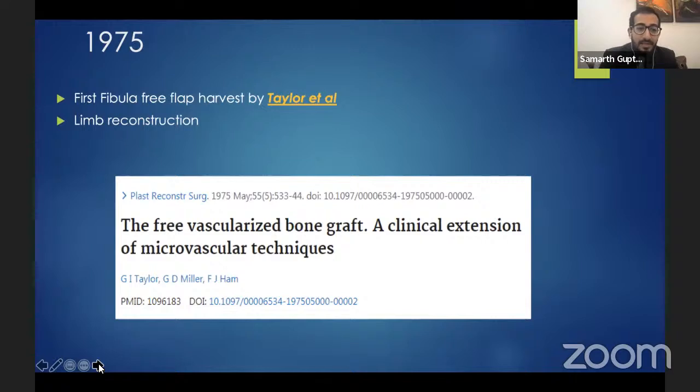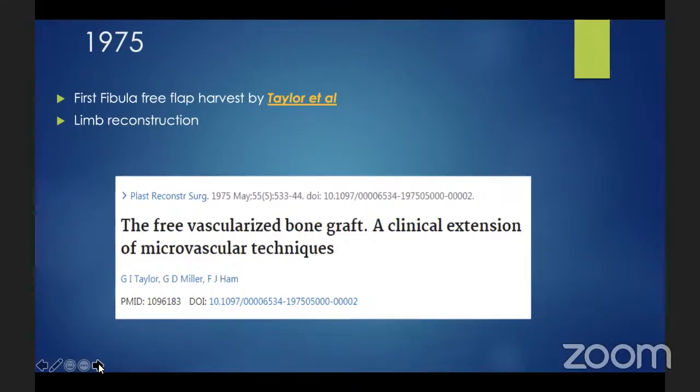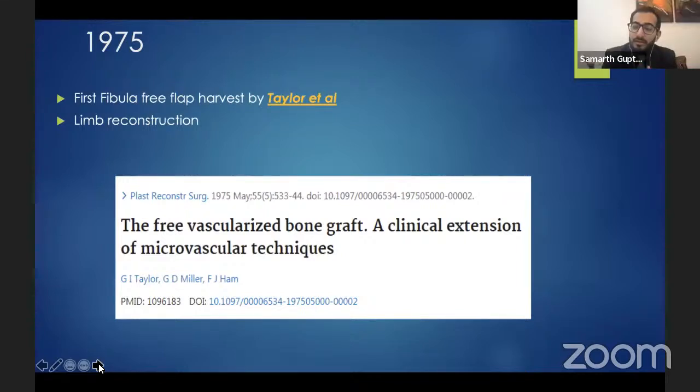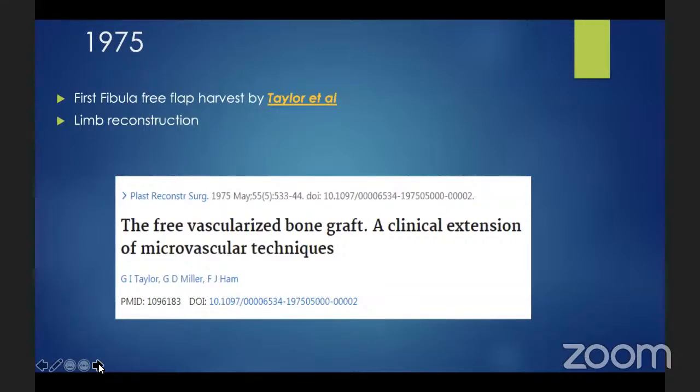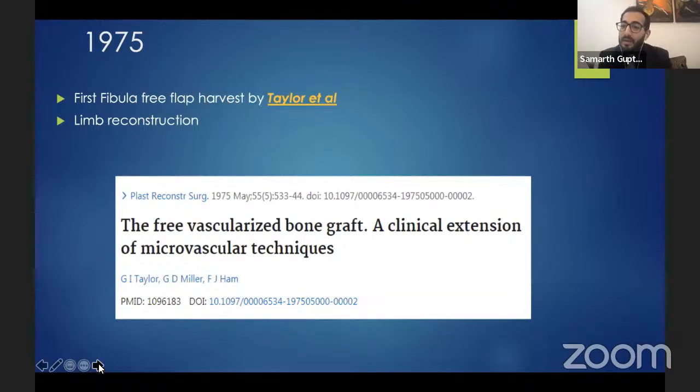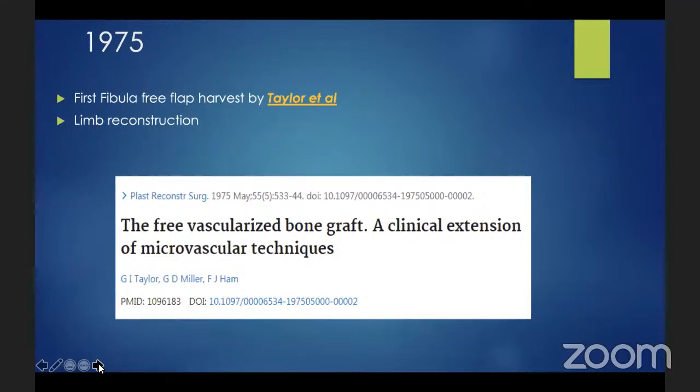So Taylor, in his first paper, and this is a beautiful paper, you must go to the Plastic and Reconstructive Surgery journal, published in 1975, described the use of the free fibula flap. Now, just for starters, what is a fibula, and what is a flap? A flap is nothing but a piece of tissue that is taken from one place to another along with its vascular supply. We remove tissue from one position and place it in another area where we need it.